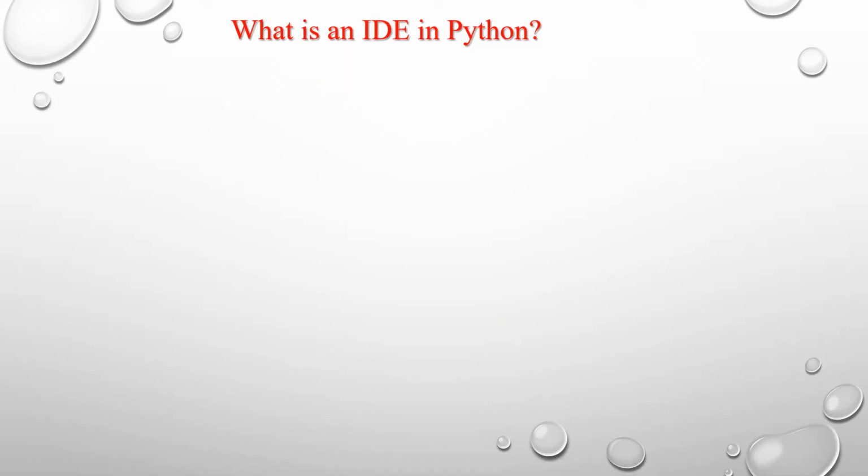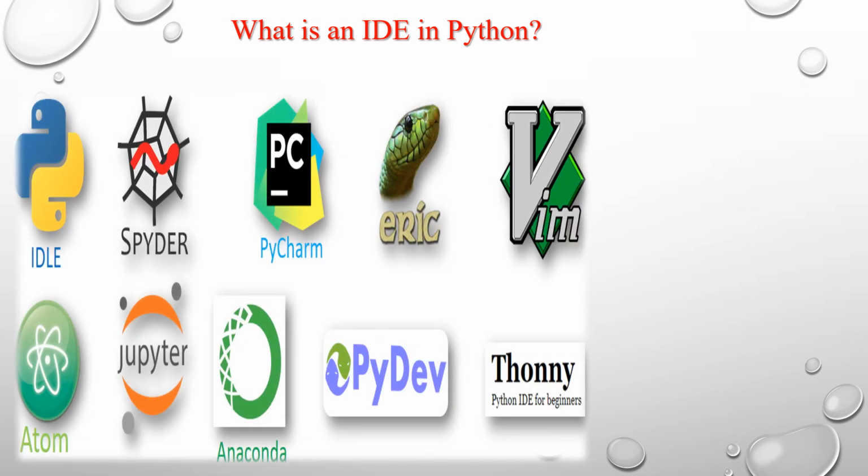Now we will see IDEs in Python. IDE stands for Integrated Development Environment. It's a coding tool which allows you to write, test, and debug your code in an easier way. These are some popular coding tools in Python: IDLE, PyCharm, Anaconda, Spyder, Atom, Jupyter, and so on.